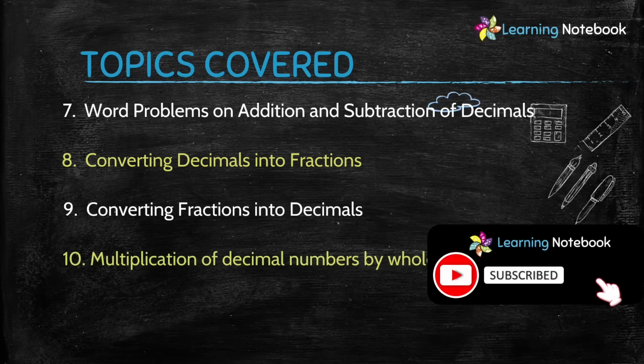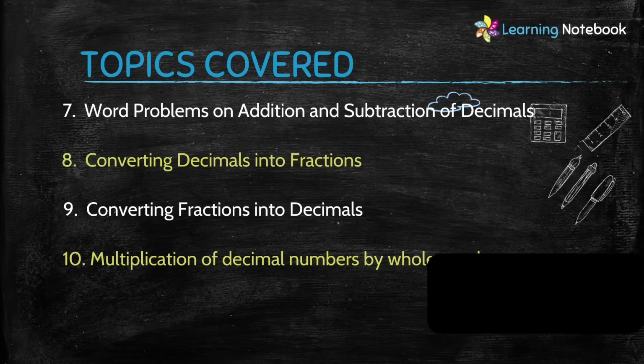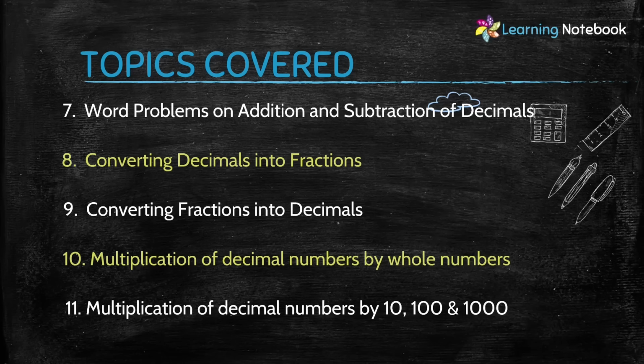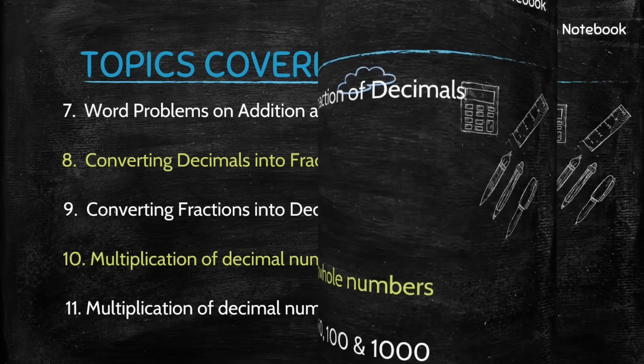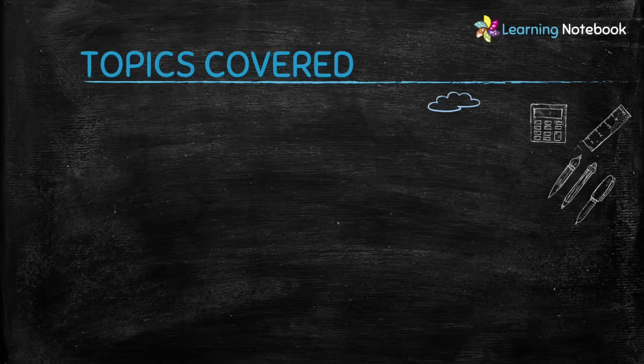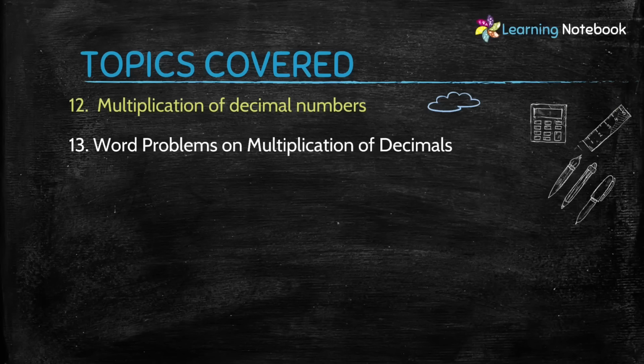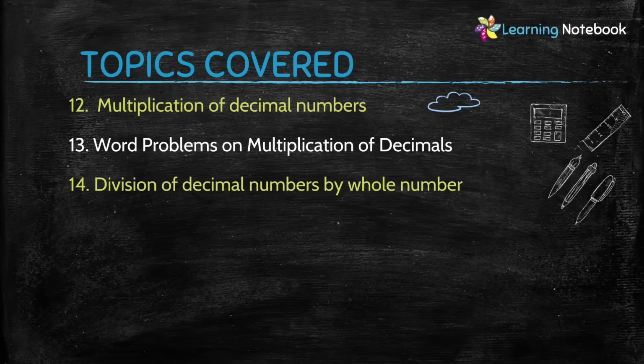Then we will learn multiplication of decimal numbers by whole numbers, multiplication of decimal numbers by 10, 100 and 1000. Then we will learn how to multiply two decimal numbers. We will also do word problems on multiplication of decimals.